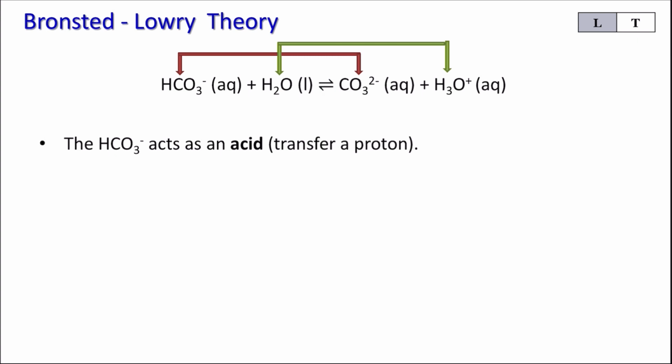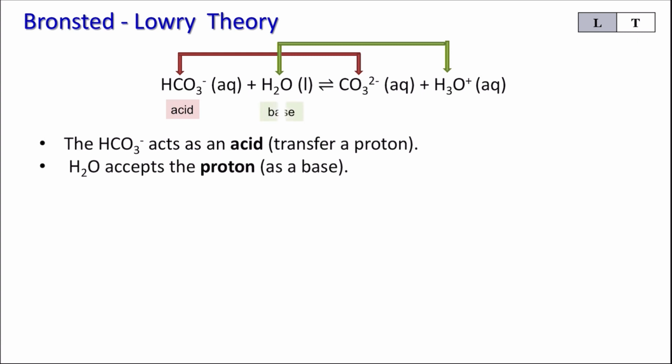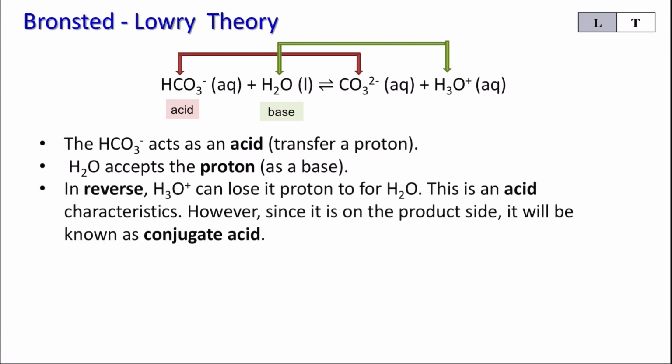Yang akan terima adalah base, iaitu H2O. Dan H2O akan jadi H3O+. So kita consider this one acid. And then H2O accept proton, so dia adalah base. And then the next one, in reverse, H3O+ also can lose its proton to form H2O.